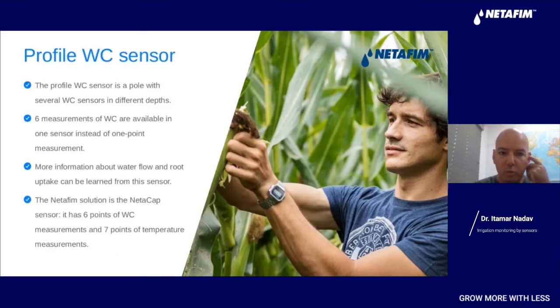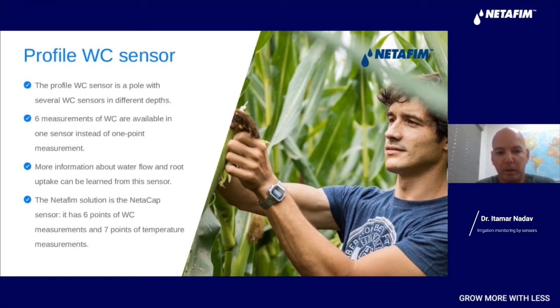And we also have profile water content sensors, which are actually like a pole with several water content sensors inside of it. We have several measurement points along this pole, and you can get a lot of information about water flow and root uptake from different soil layers.